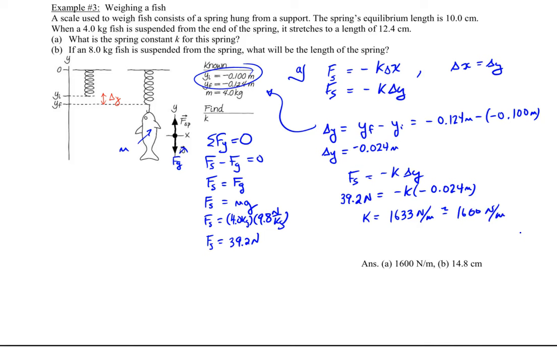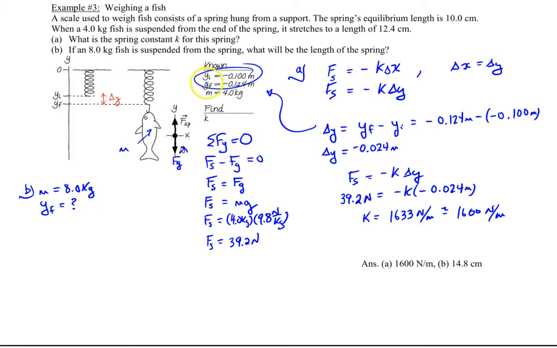So that's part A. And now part B is asking, well, what would happen if you were to suspend an 8-kilogram fish instead on the spring? So in part B, our new mass is now 8 kilograms. And we're now asked to find what will be the length of the spring in total. So we're trying to find out what y final would be equal to, right?